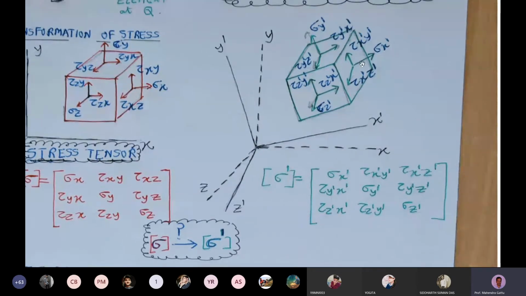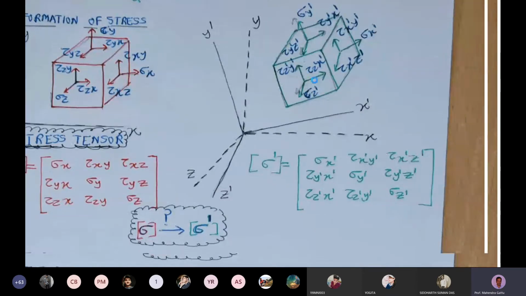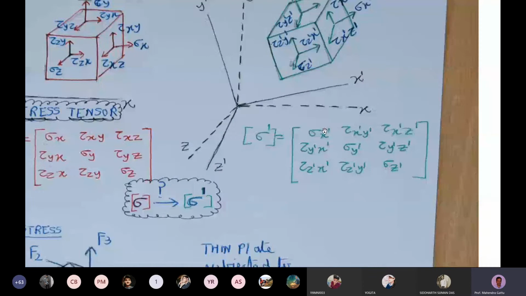Now the stresses will be sigma x prime, tau x prime y prime, tau x prime z prime, and here the stresses will be sigma y prime, tau y prime x prime, tau y prime z prime. Similarly, for this face, there will be sigma z prime, tau z prime x prime, and tau z prime y prime. So we can get the corresponding stress tensor where we show the normal stresses along the diagonal and the shear stress in the remaining places.